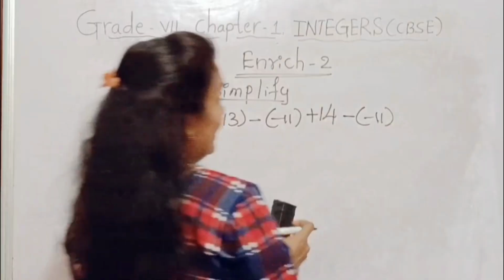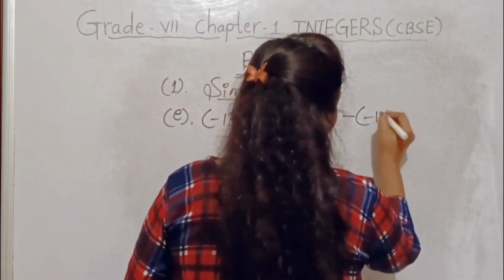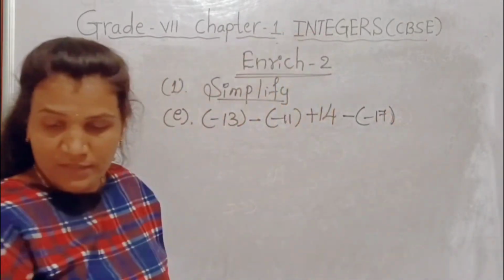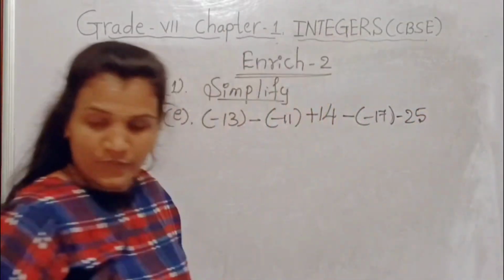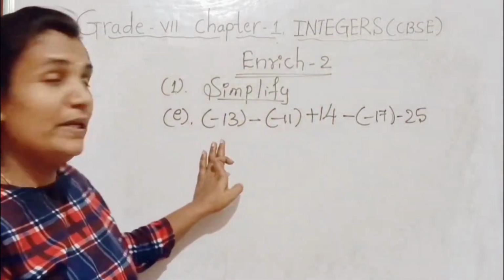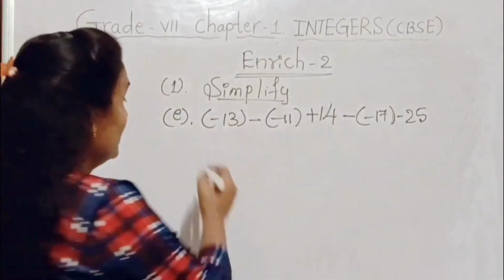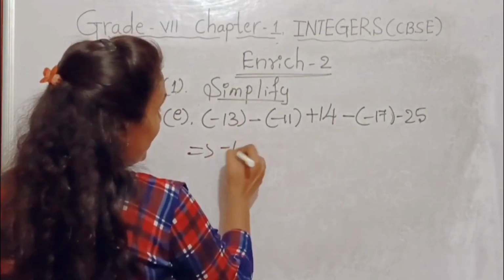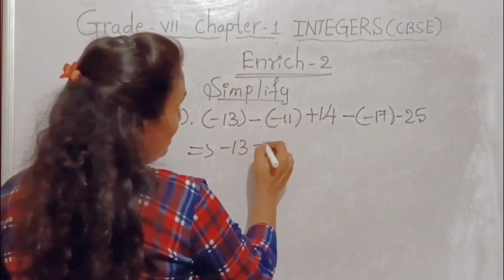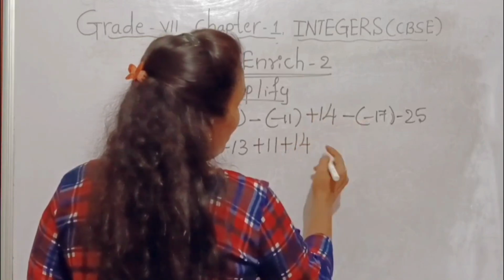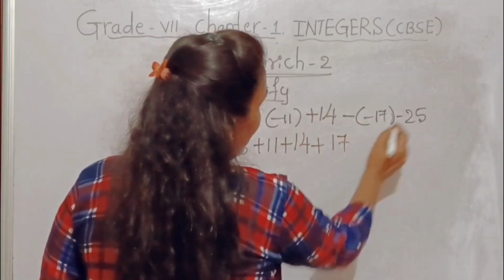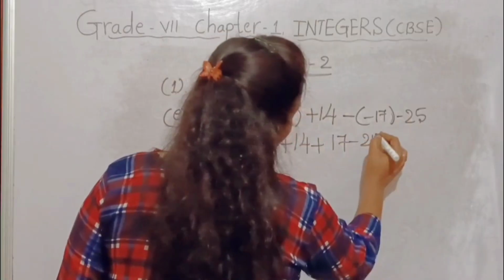Sorry, minus 17 that is, not 11. Take down 17 minus 25. Now we'll remove the brackets first. Write down minus 13 as it is. Minus into minus, plus 11, plus 14. Minus into minus, plus 17 minus 25.